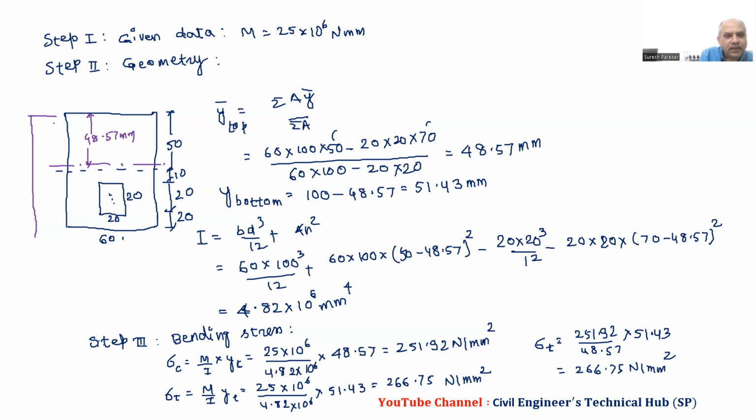And then we will have 0 over here, 0 at the neutral axis. So this will be 251.92. And then this actually should be at this line, 266.75. So this will be compression, this will be tension.